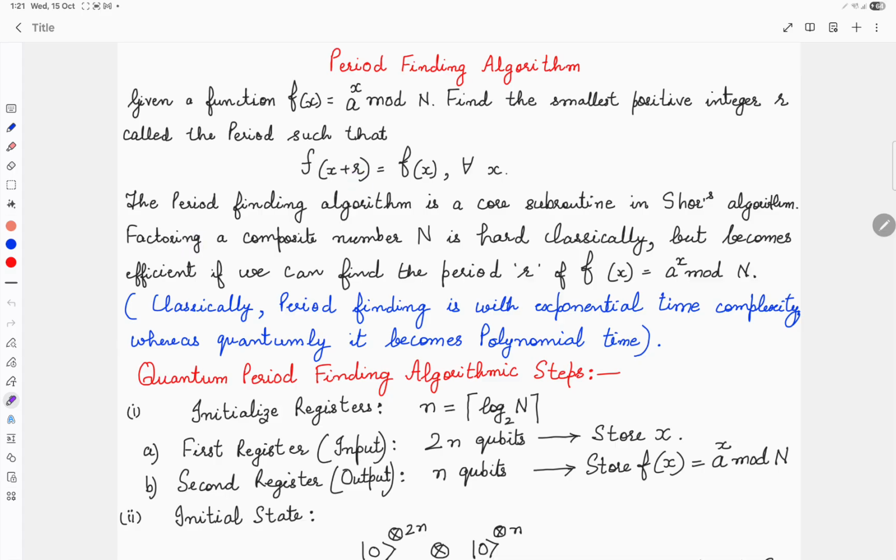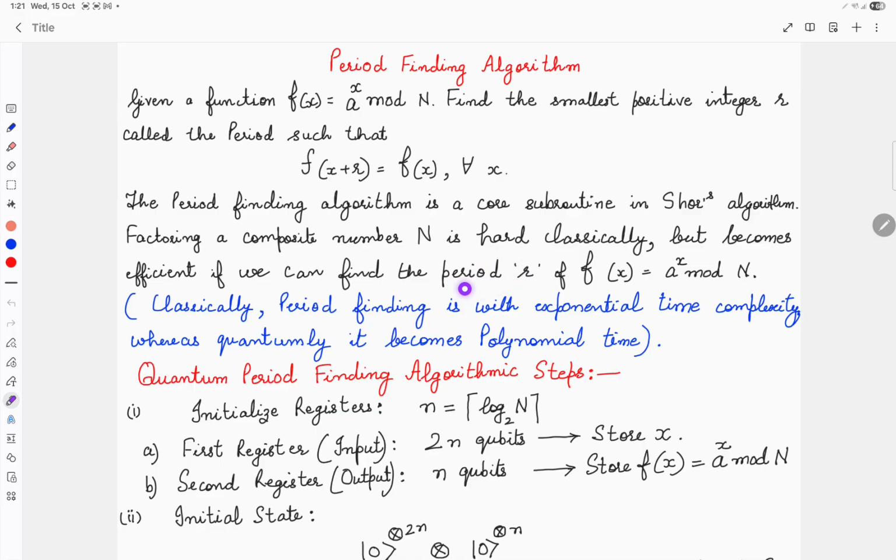The period finding algorithm is a core subroutine in Shor's algorithm. Factoring a composite number N is hard classically, but becomes efficient if we can find the period r of f(x) = a^x mod N. So the key point lies in finding the period r of this function f(x).